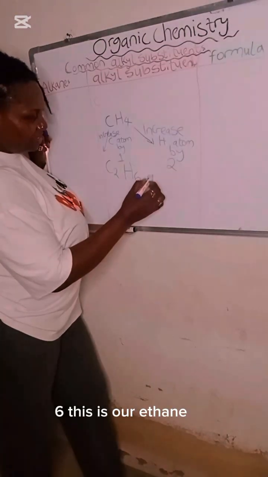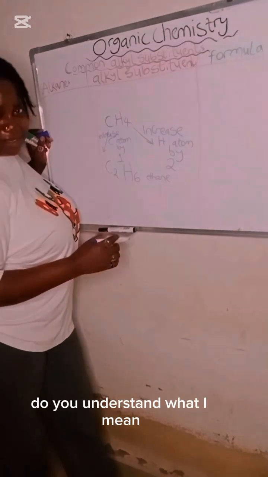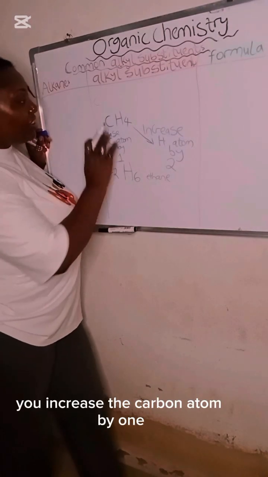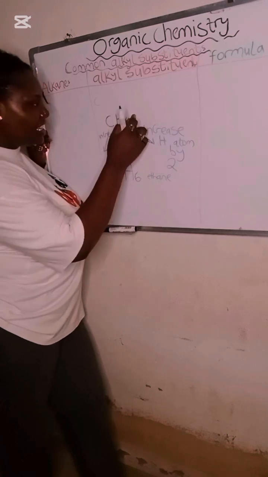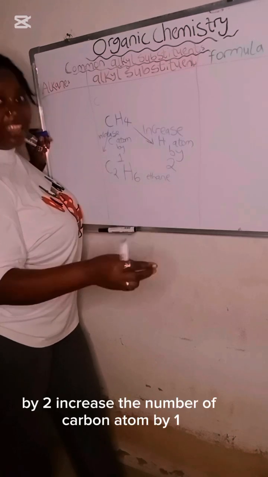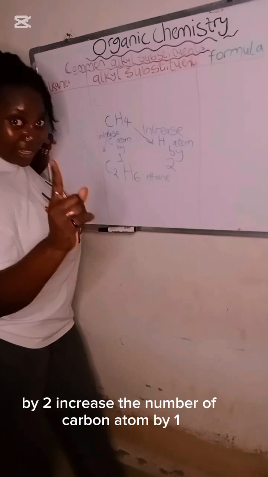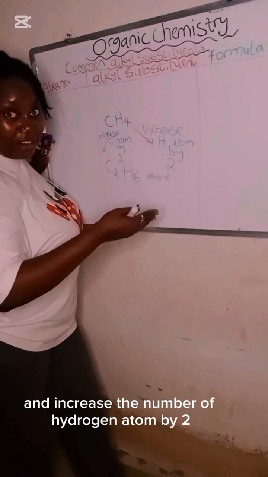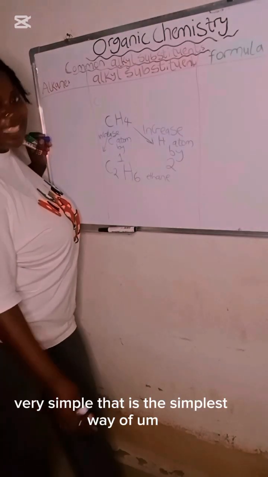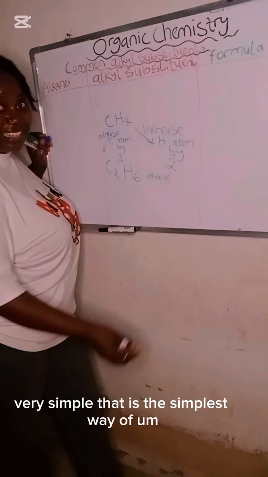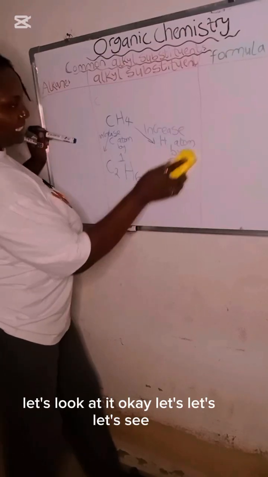This is our ethane. Do you understand what I mean? You increase the carbon atom by 1 and increase the hydrogen atom by 2. Very simple. That's the simplest way of getting those things. So okay, let's look at it.